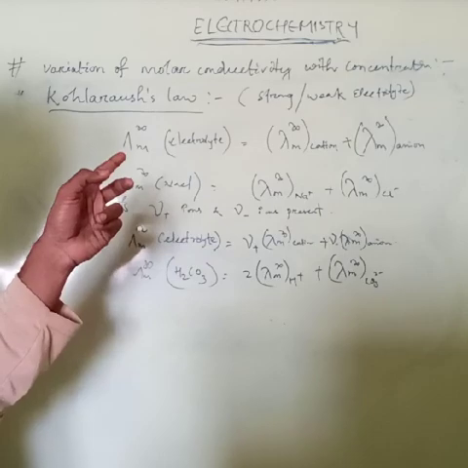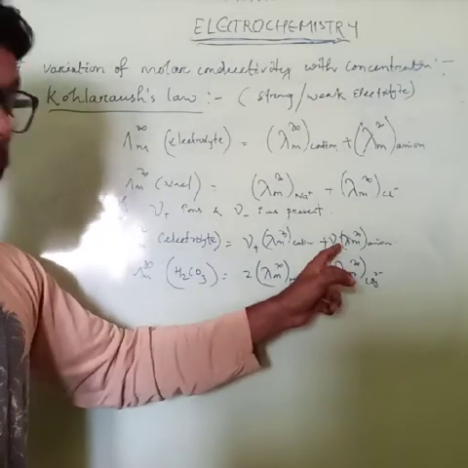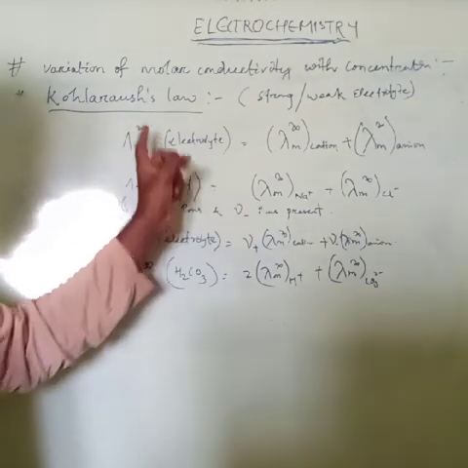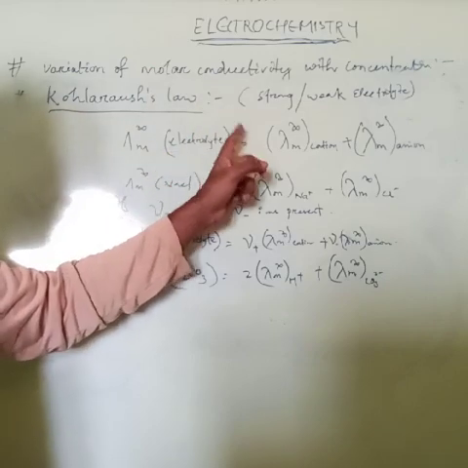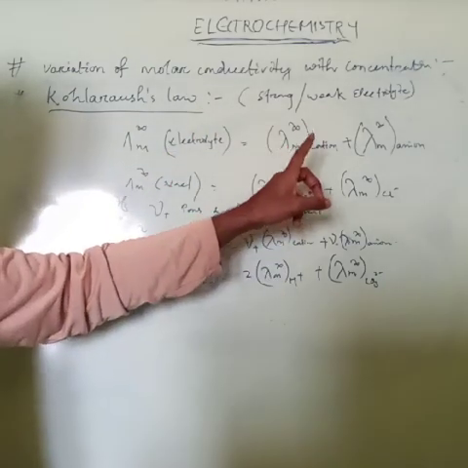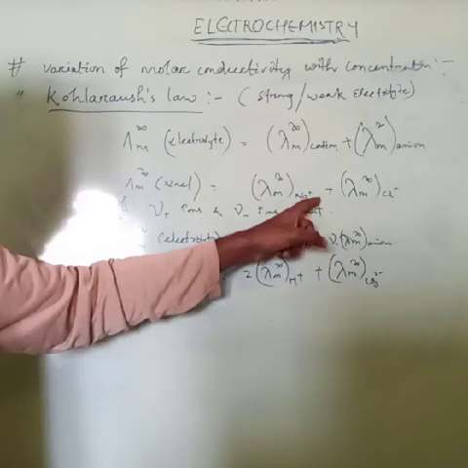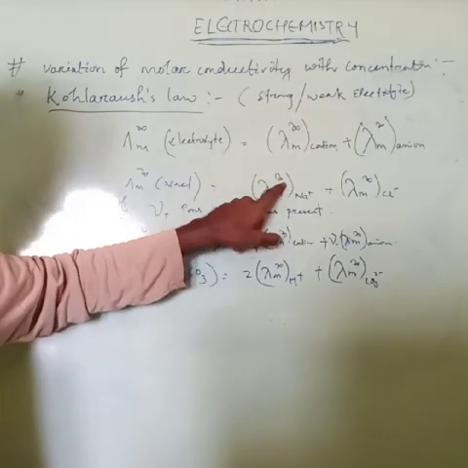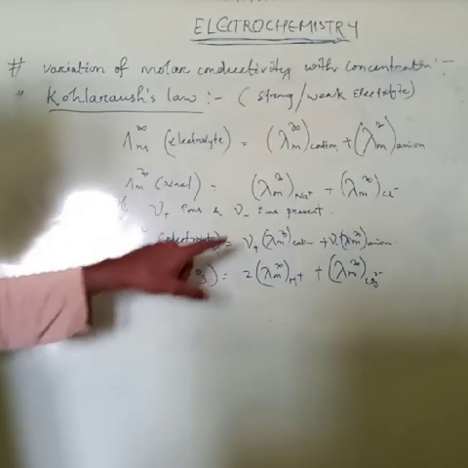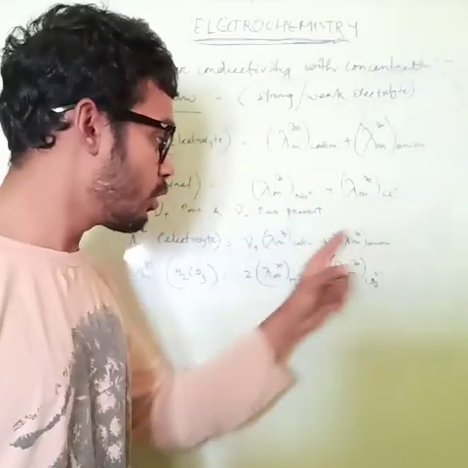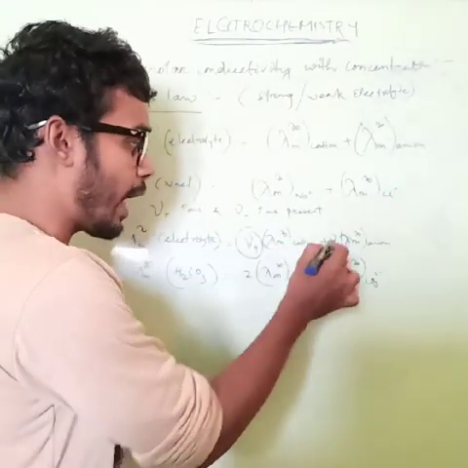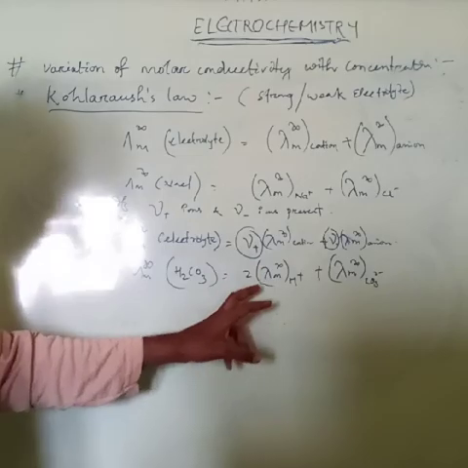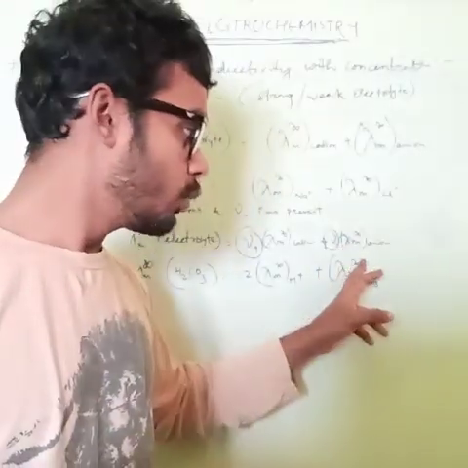Okay, but here you have to mention the cation and anion part also. The molar conductance of a strong or weak electrolyte at its infinite dilution is the sum of the molar conductance of the cation and anion at its infinite dilution, in which the number of ionizable cations and anions is to be multiplied.